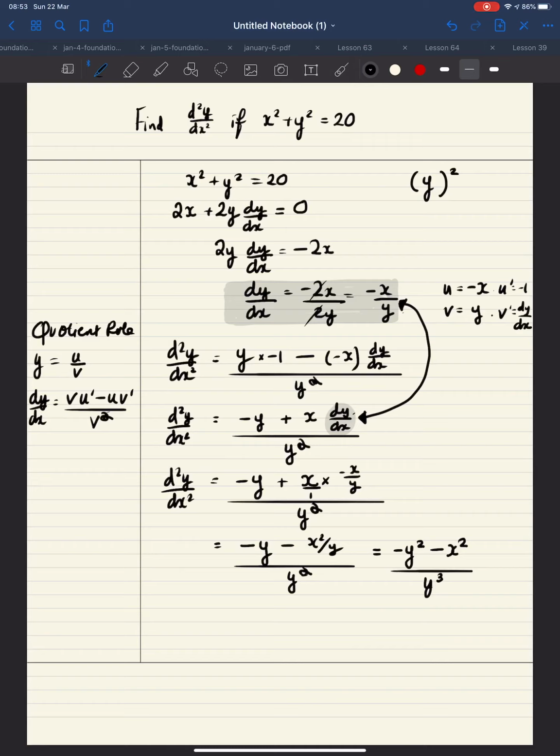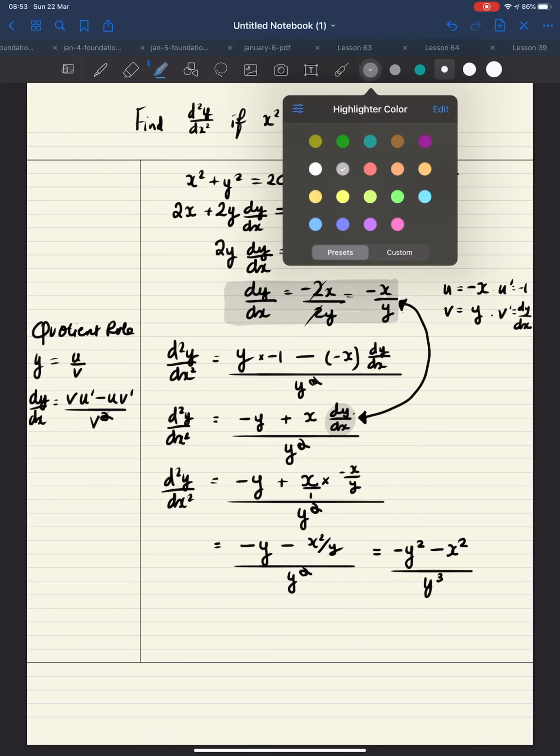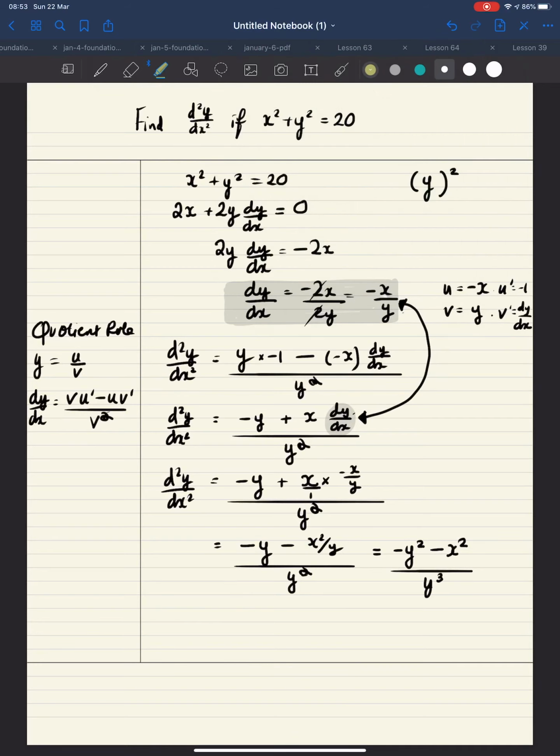So we're nearly there. What can you see here? I'm going to change this to yellow because it's a bit brighter. At the very start, we've got x squared plus y squared is 20. And here we've got minus x squared minus y squared.